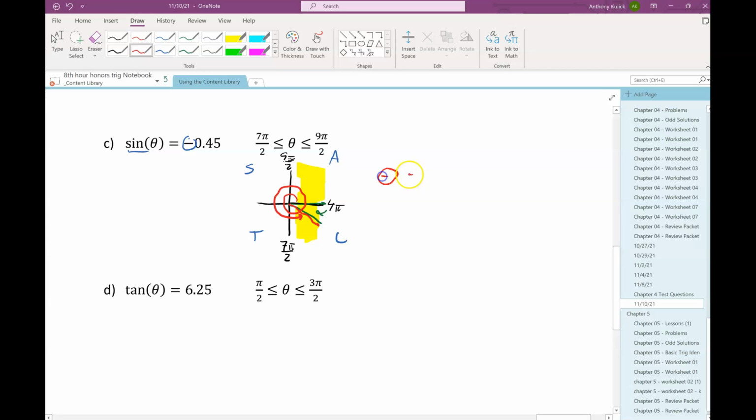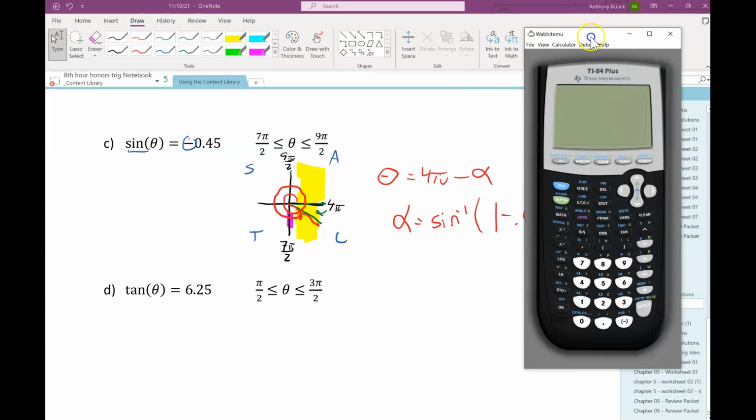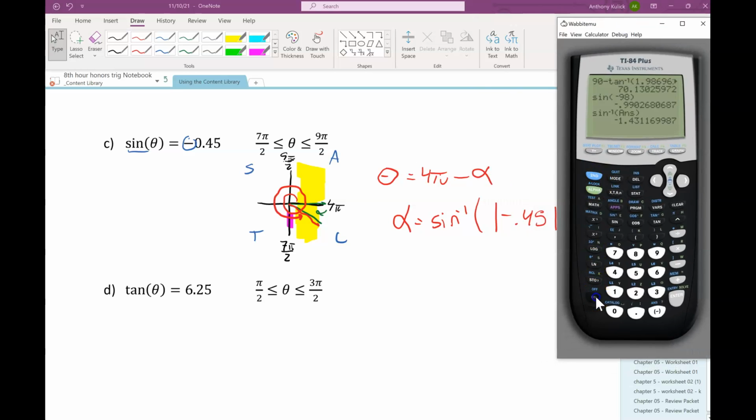So my theta is going to equal 4 pi, because the last axis I pass through when getting to the terminal side is vertical. I'm going to be subtracting alpha, where alpha is just going to be the sine inverse of the absolute value 0.45. I'm sorry, negative 0.45. But whatever, absolute value, crush the negative anyways, right?